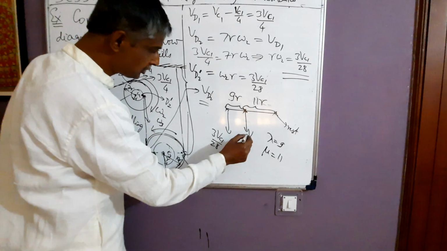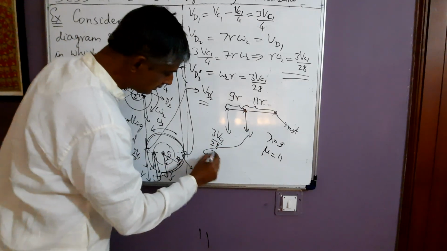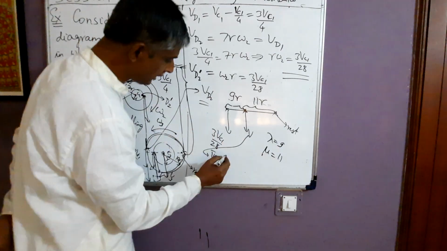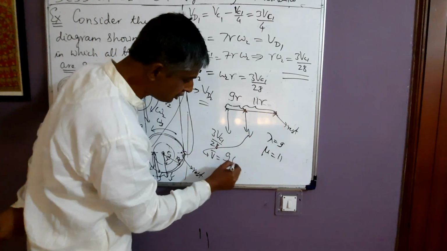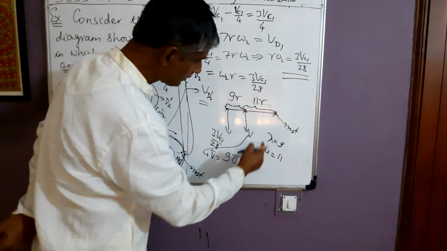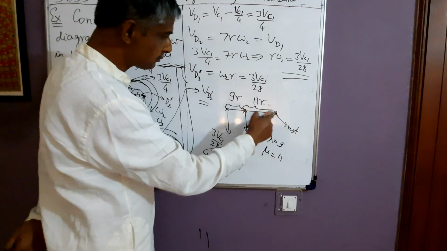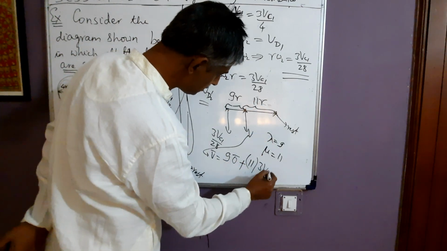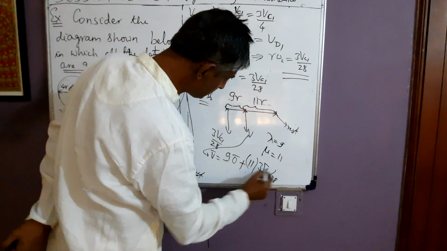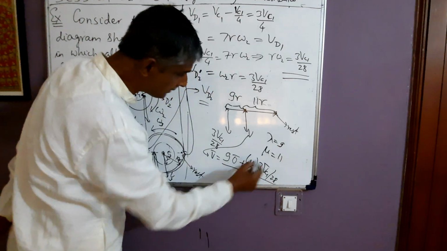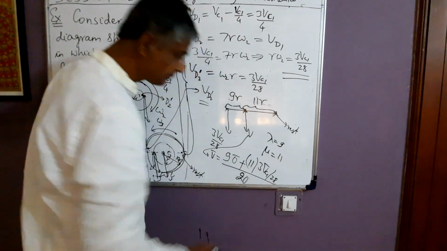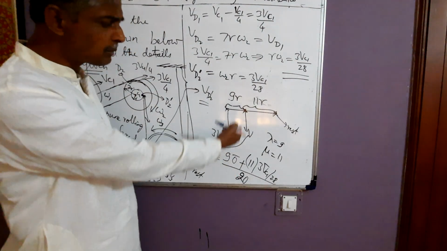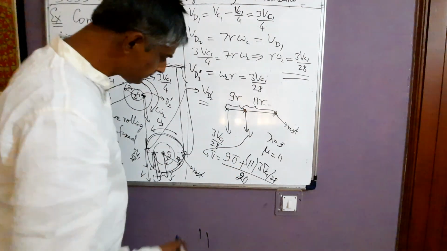And the velocity of this point is written as: 9 times the velocity of this point, which is 0, plus 11 times the velocity of this point, 3Vc1 by 28, divided by lambda plus mu, 20. Here also we can apply the SRC method, but the section formula is better, so I apply the section formula method here.